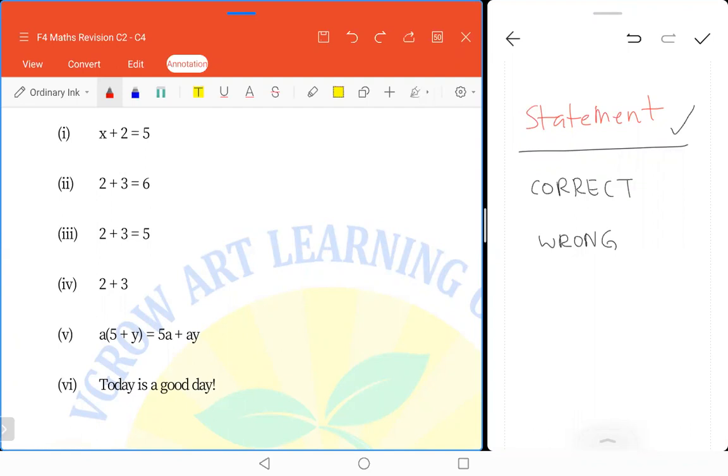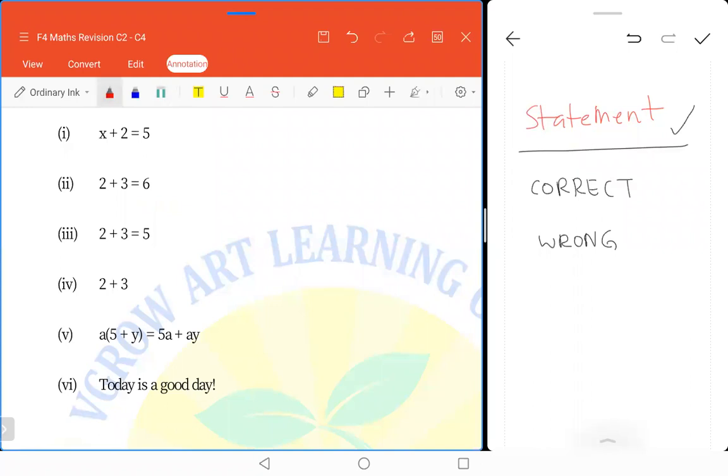For sure, this is wrong. For sure, this is correct. And then that would be a statement. Which one? Number 2 is confirmed wrong. Yep.